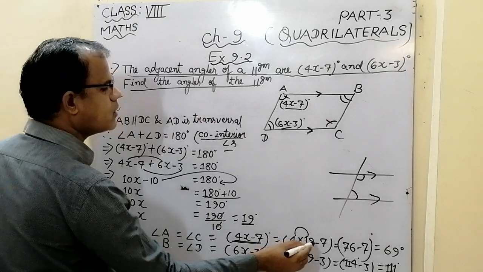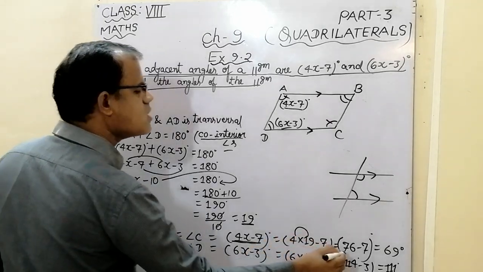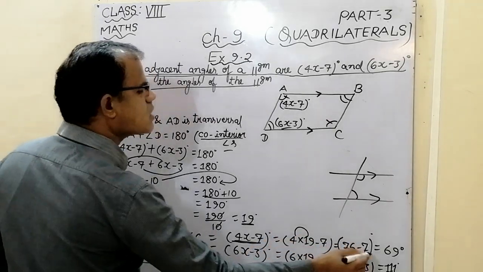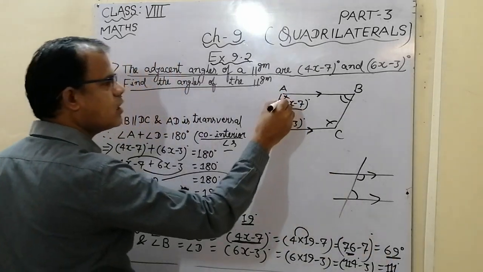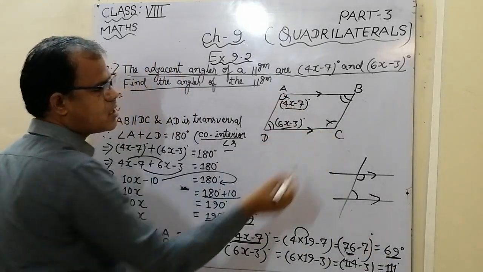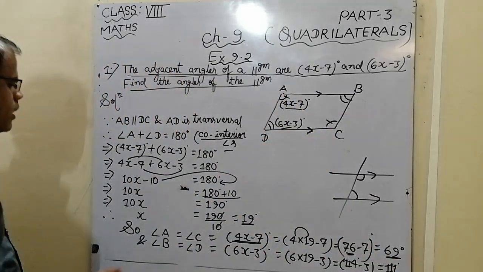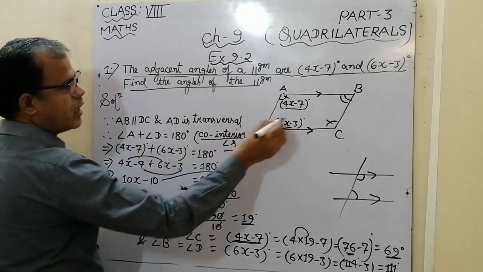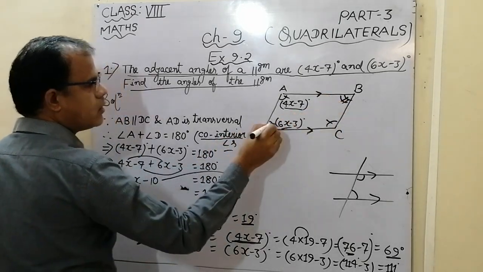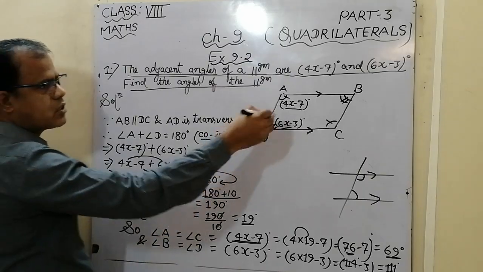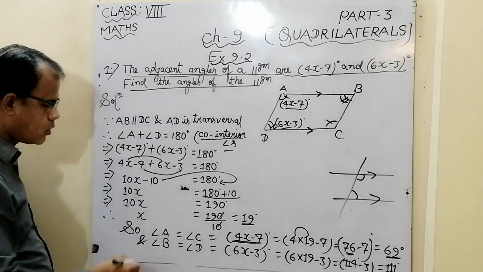So 4 into 19 minus 7. 4 into 19 is 76, minus 7 is 69. So angle A is 69, and angle C is also 69. Now angle B equals angle D, since opposite angles of a parallelogram are equal.